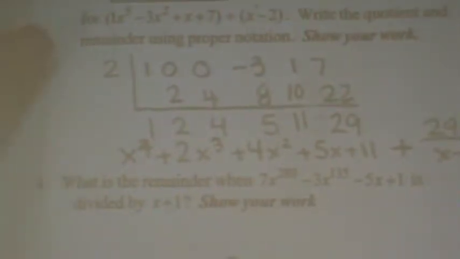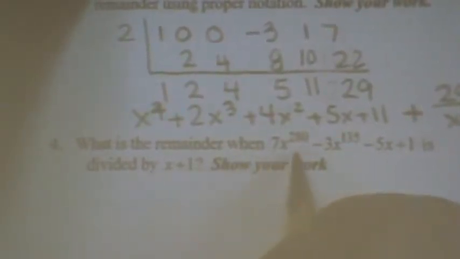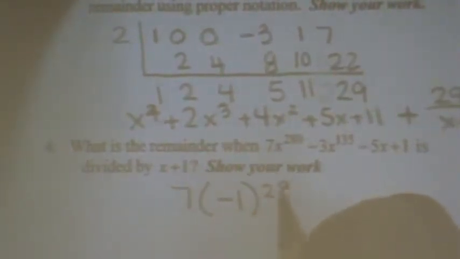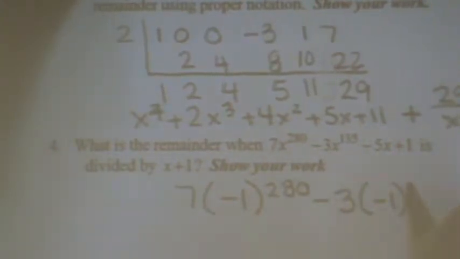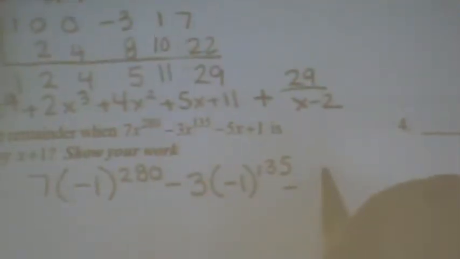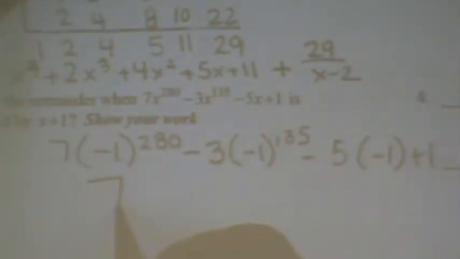Number 4, using the factor theorem, you're going to plug -1 in here. You're going to evaluate this for -1. And you should know a -1 with an even power is a positive, so it's going to be 7.